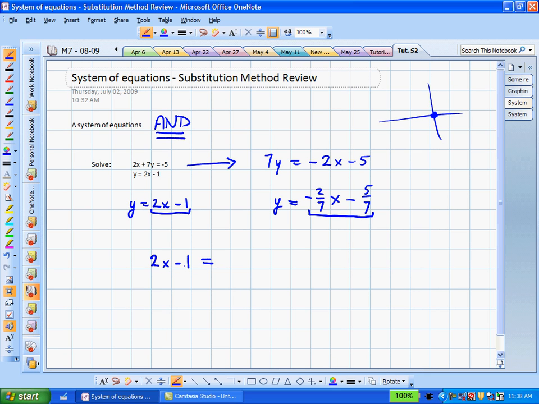What's 2x minus 1 equal? It equals y. But y also equals minus 2 sevenths x minus 5 sevenths. So in order for this to be true, it must be true that this equals this, right?